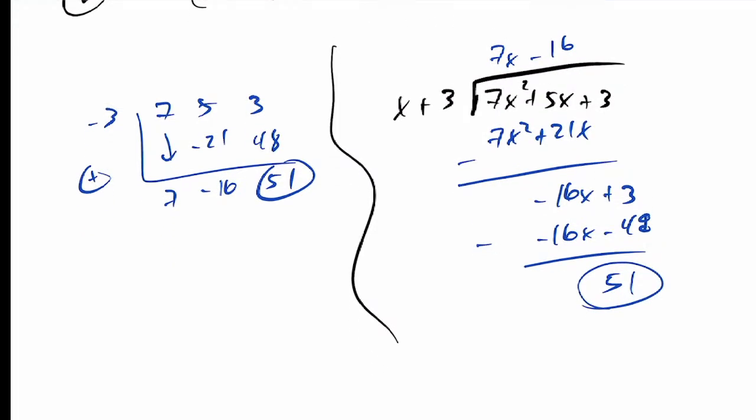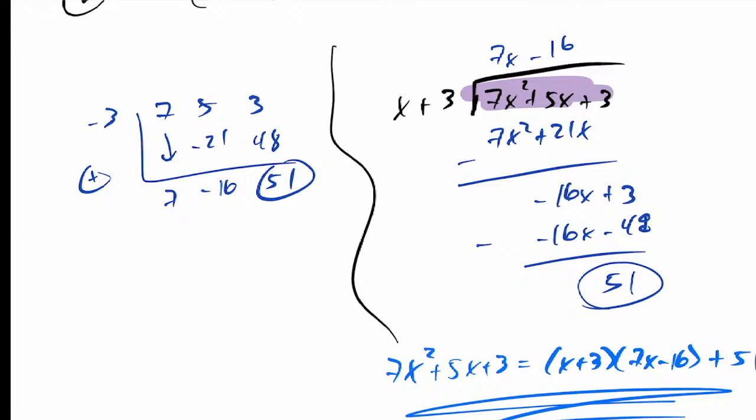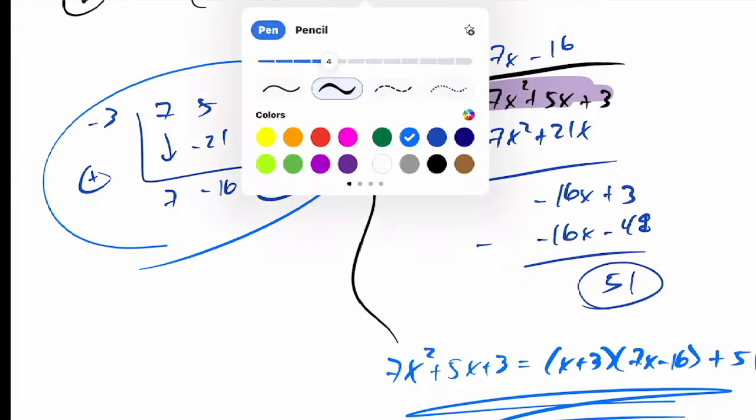Just let me answer this, and then I'll get to the questions here. So this is your polynomial. Your polynomial is equal to the quotient times the divisor, and then plus your remainder. It's your division algorithm. Same thing can be said with this one.